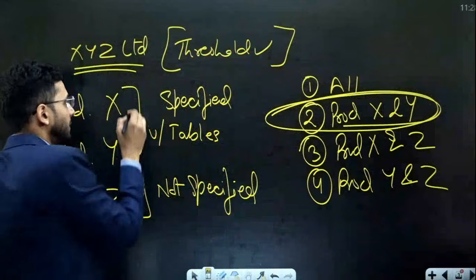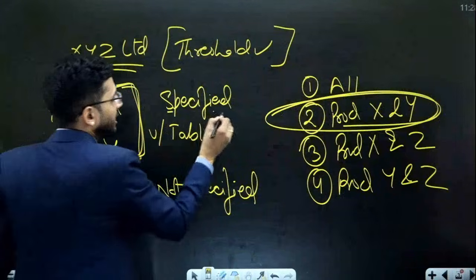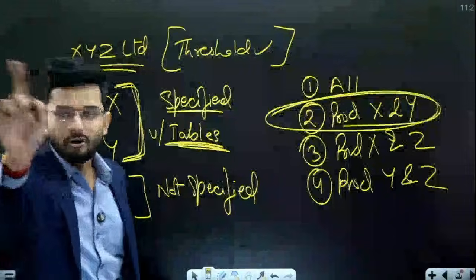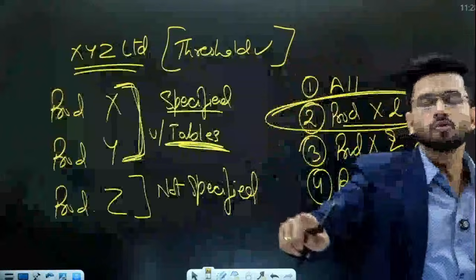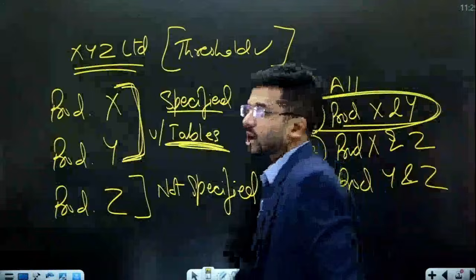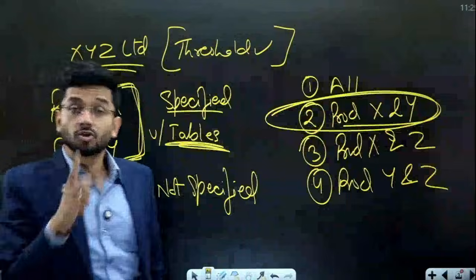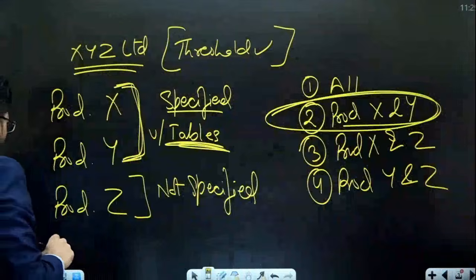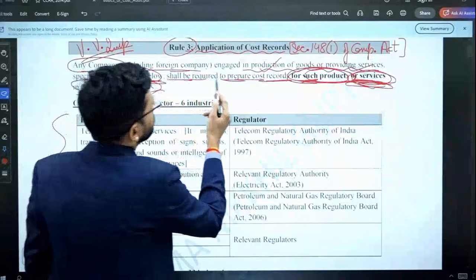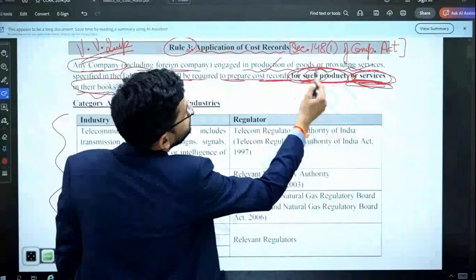Cost records are required to be prepared only for the specified goods, not for all the goods. First and foremost conclusion that we need to understand over here. Because the rule itself says the cost records are required to be prepared for such products.